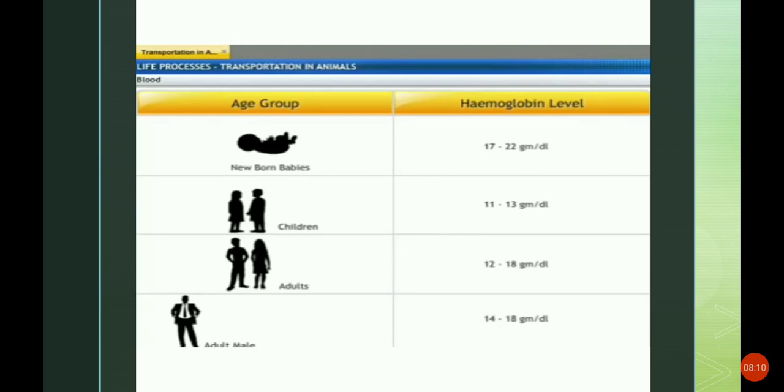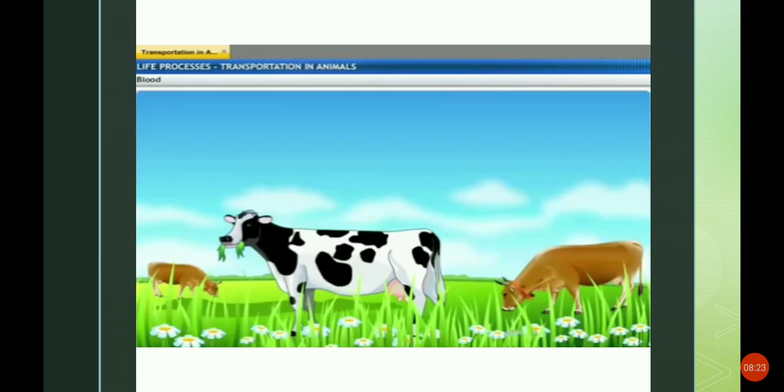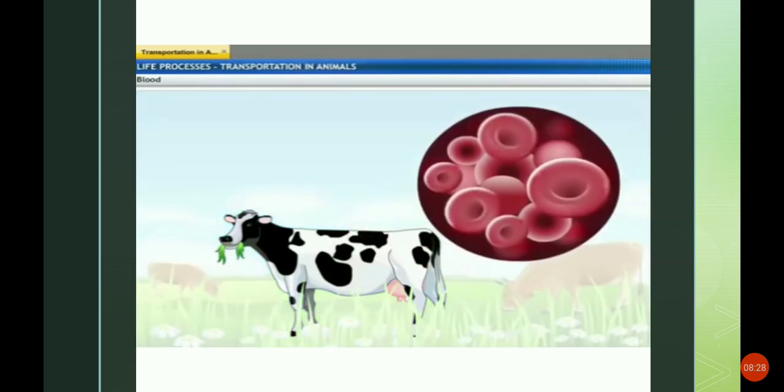An adult male has a hemoglobin level between 14 and 18 gram per deciliter, and in adult women, it is between 12 and 16 gram per deciliter. The normal range of hemoglobin is not the same for all animals. In cattle, for example, the range is between 8 and 19%, which is quite different from that of human beings.